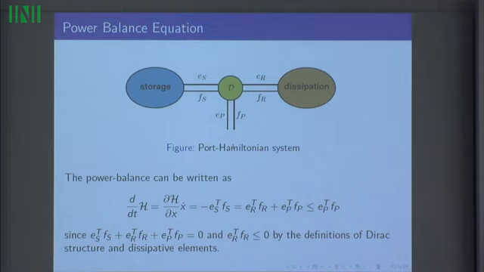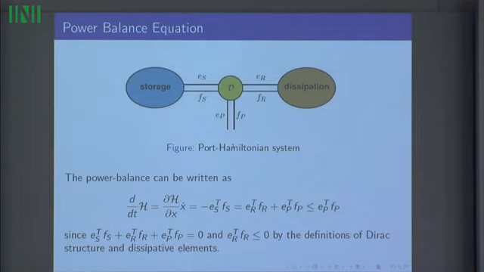If you would like to write a power balance equation, the change in the Hamiltonian will be equal to Er transpose Fr plus Ep transpose Fp. Since they are elements of the Dirac structure, this sum should be zero by definition.